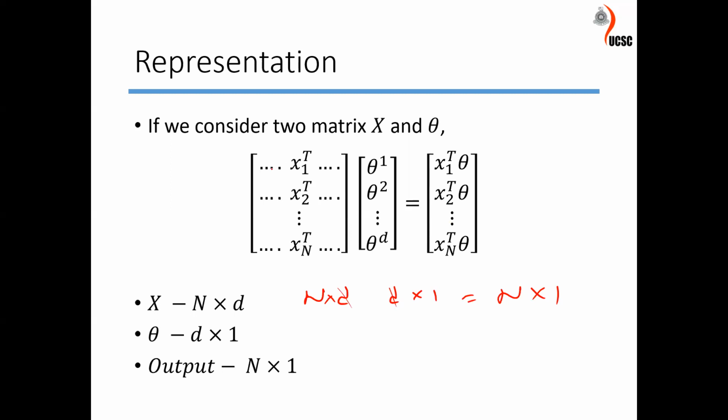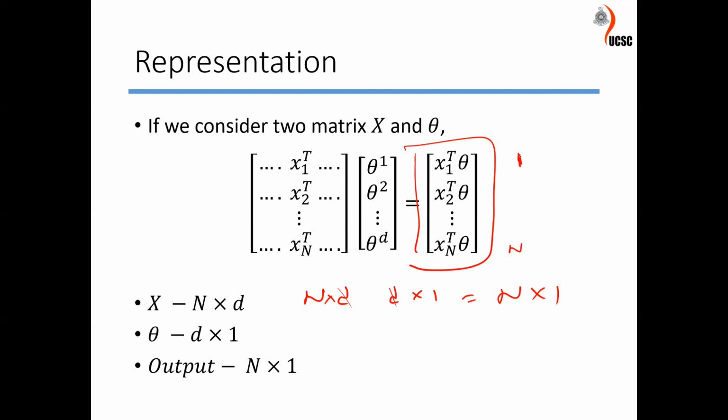If you're familiar with vector multiplication, you can simply do that, and you will end up here. So it basically gives the final output as x1 transpose theta, x2 transpose theta, and goes until xn transpose theta.